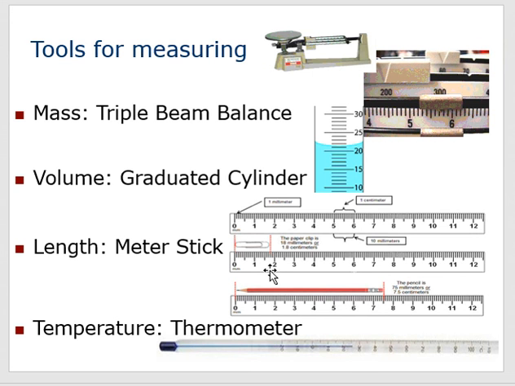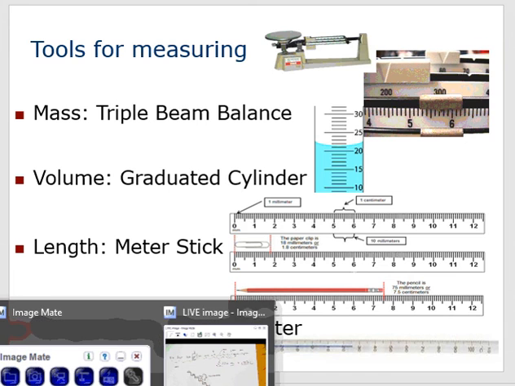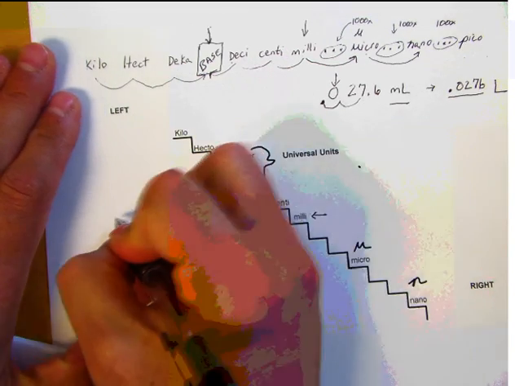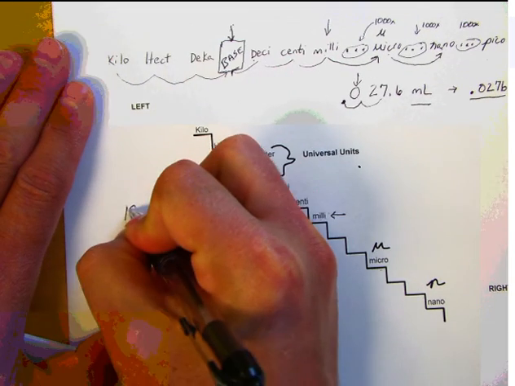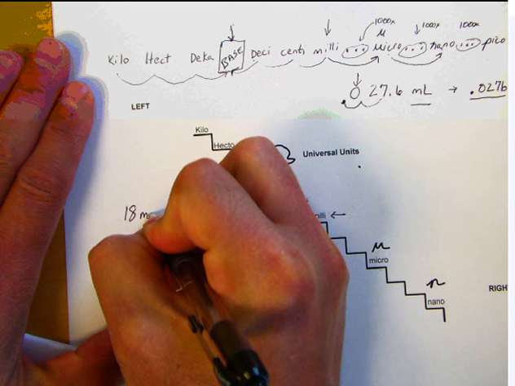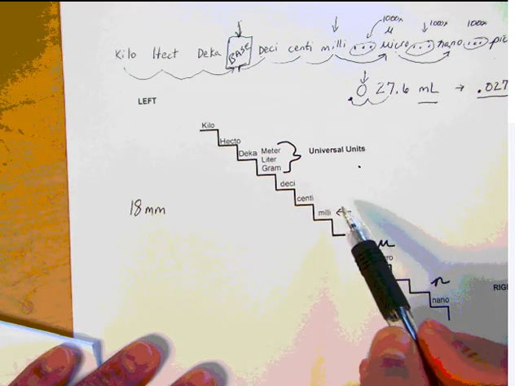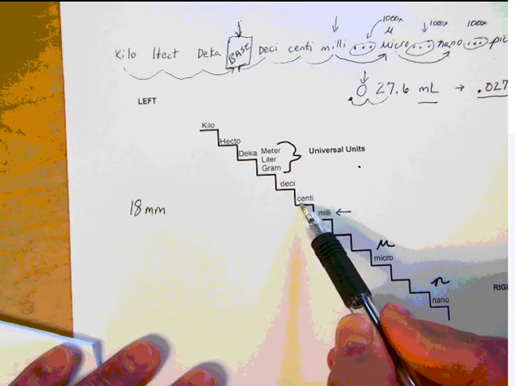It's the same value, and that's why conversions are so important. So for instance, if I had that paper clip is 18 millimeters, I can convert it to centimeters by moving 1 decimal point to the left.